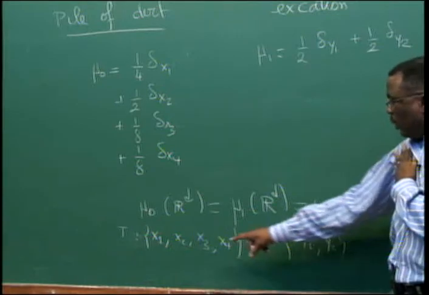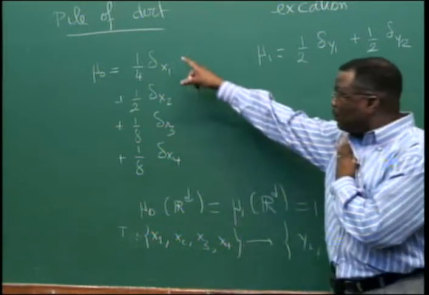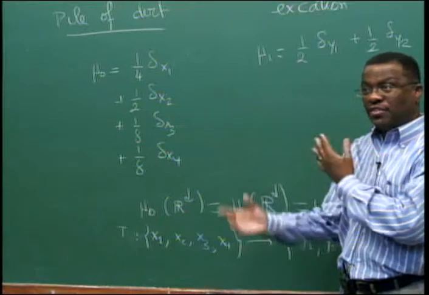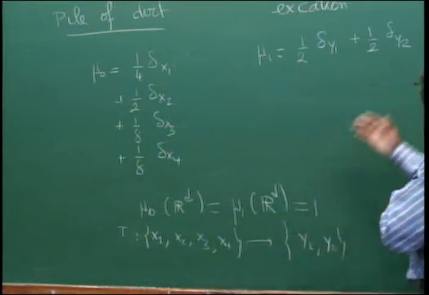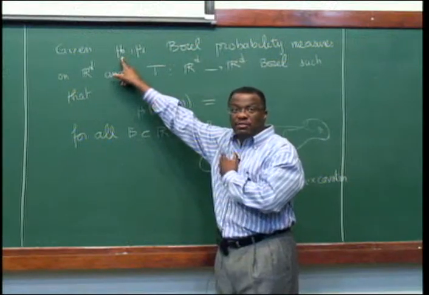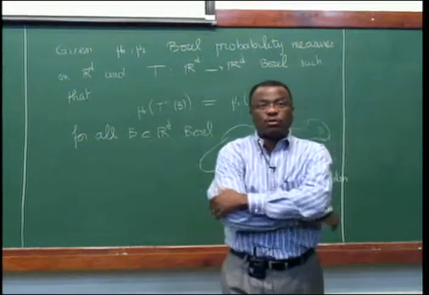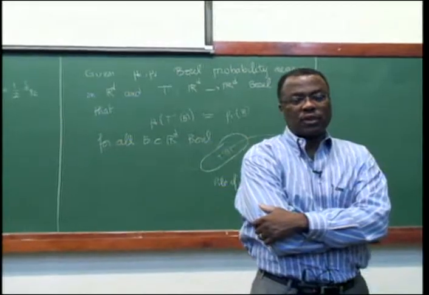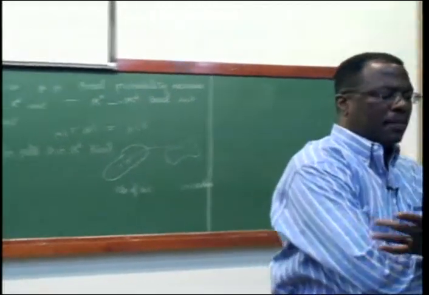But when you are outside this set, compared to this measure, you are on a set of 0 measure. And so this map T will be defined mu naught almost everywhere. And so what happens outside the support of the measure is not important. So by the end of this lecture, I am going to define what the support of a measure is.